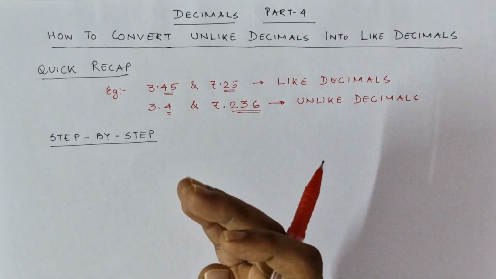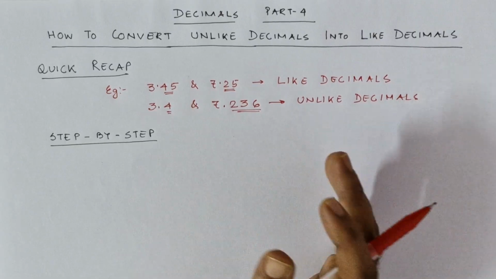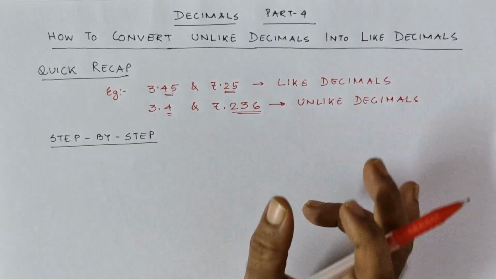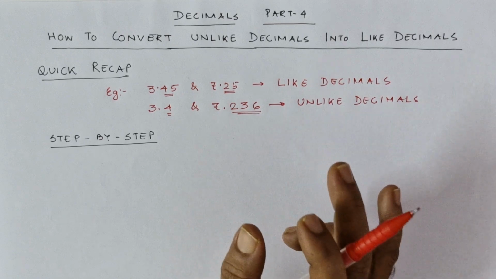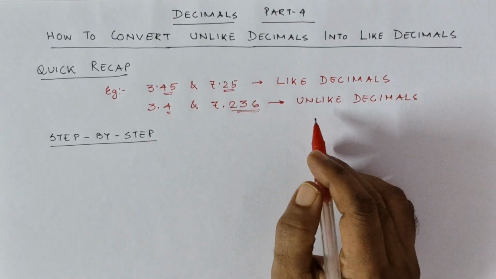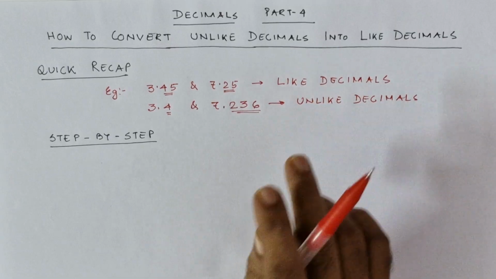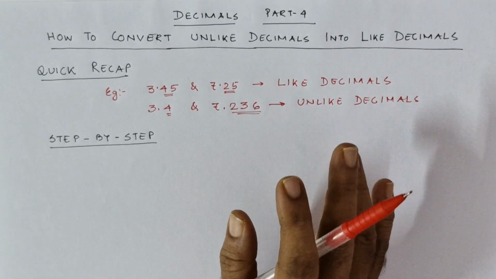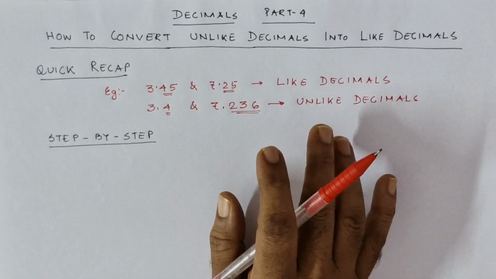If their decimal parts are not equal, you will not be able to compare them or add them. That is the basic reason why we need to convert unlike decimals into like decimals, so that you can later compare and add them accordingly. It becomes easy then. Got it?